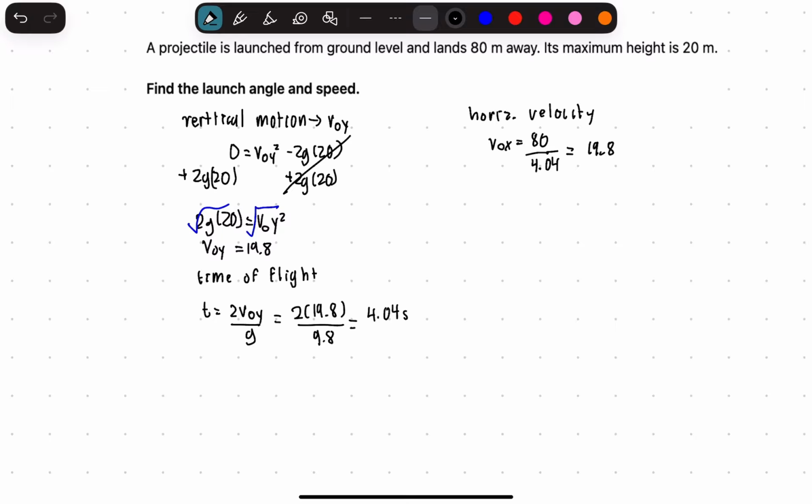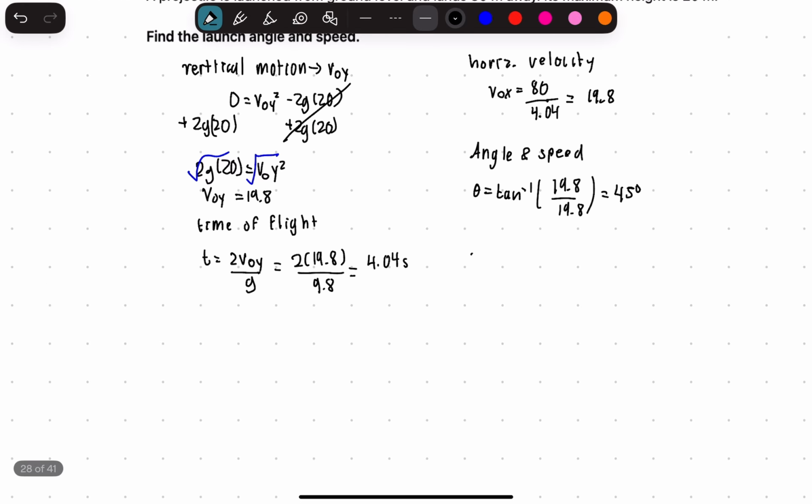And from that, we have 19.8. And now, in order to find the angle and speed, theta is going to be equal to tan negative 1 of 19.8 divided by 19.8, and that's going to be equal to 45 degrees. And V initial is going to be equal to the root of 19.8 squared plus 19.8 squared, and that's going to be equal to 28 meters per second.